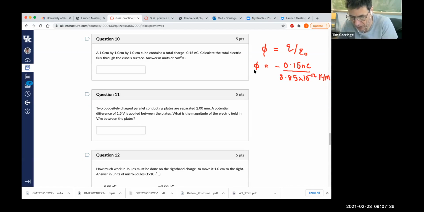And if you divide the charge by the permittivity of free space, I got a number that was minus 16.9. The units come out to be the units of field times the units of area. So Newton meter squared over Coulomb. So the answer to this question is minus 16.9 Newton meter squared per Coulomb.